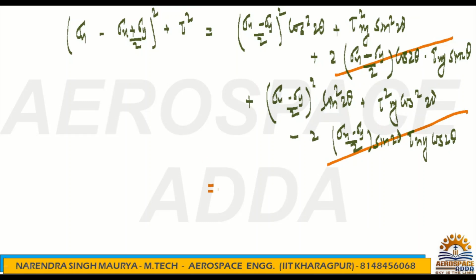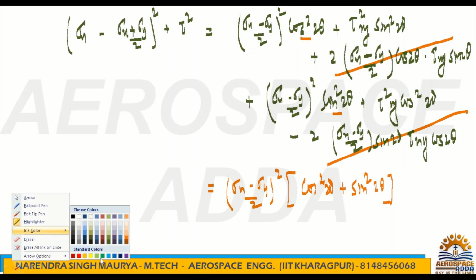Now see this. Here what is the common? ((σx − σy)/2) whole square. Taking the bracket, the common thing: cos² 2θ plus sin² 2θ, the one bracket. Check it nicely.